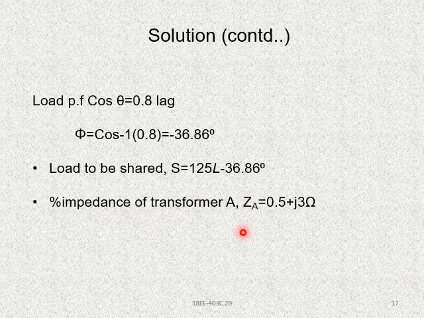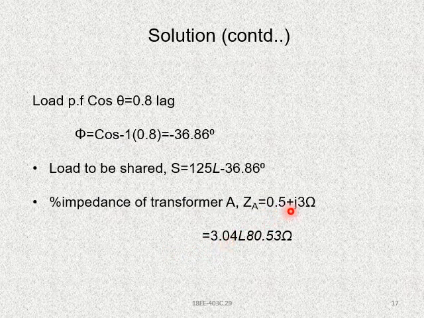The impedance of transformer A, ZA, is equal to 0.5 plus j3 ohms. This is in rectangular form and we need to convert it into polar form, that is 3.04 at an angle of 80.53.